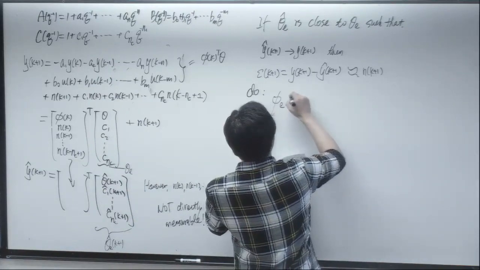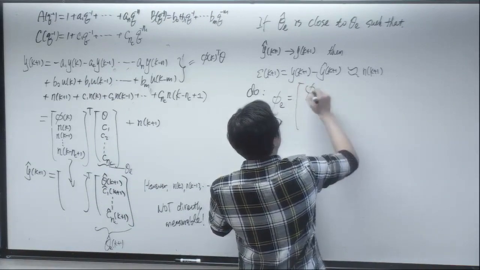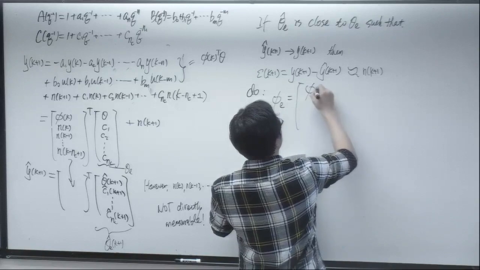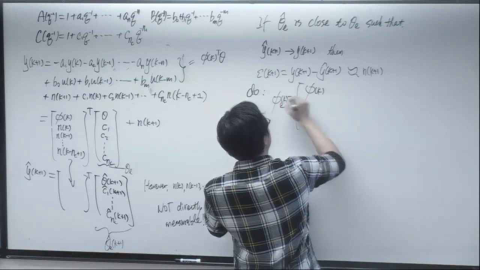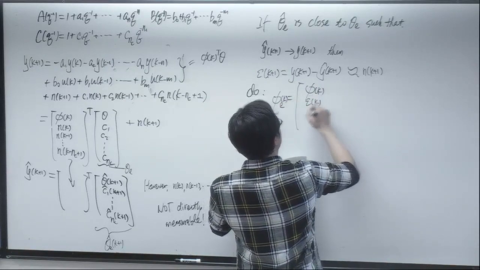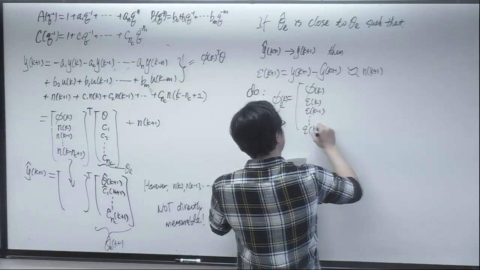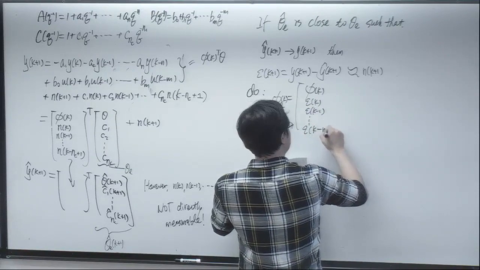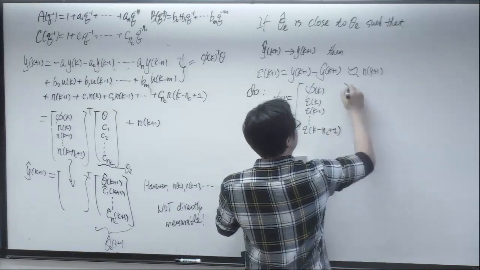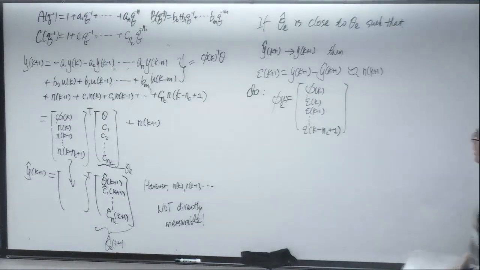So we do instead, use the a posteriori error to construct the regressor vector.